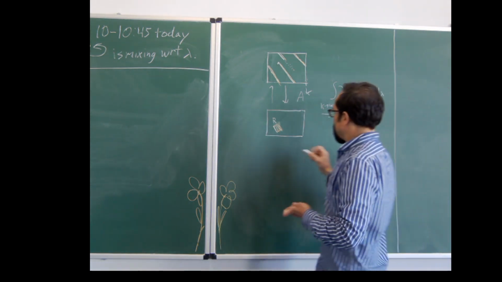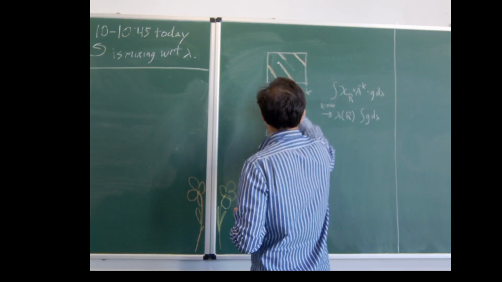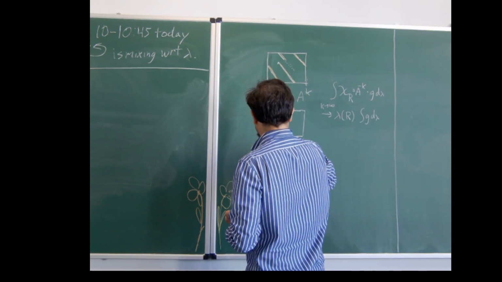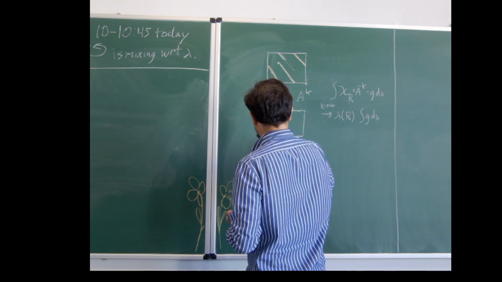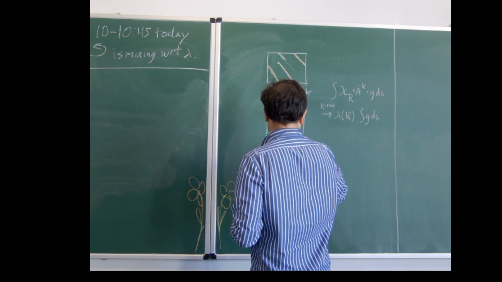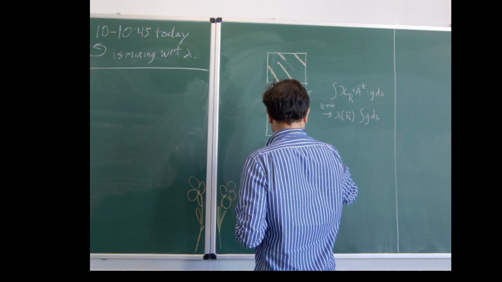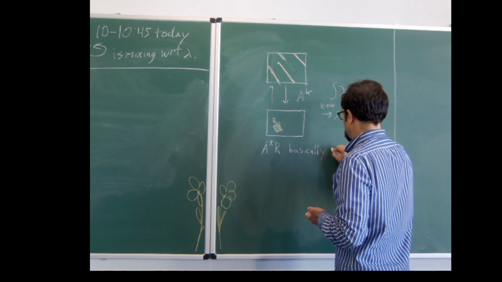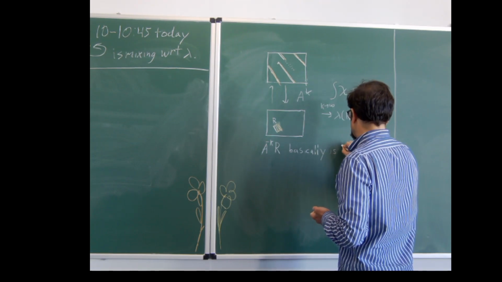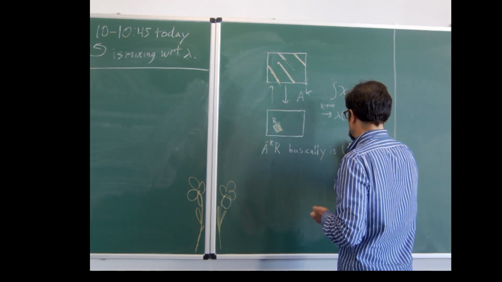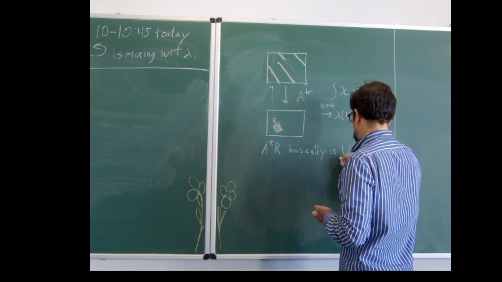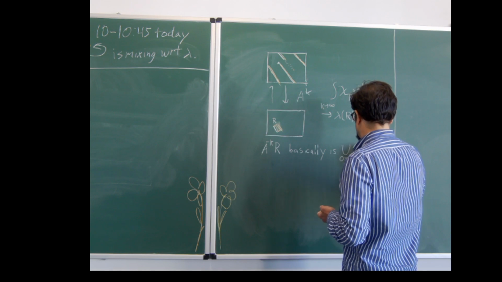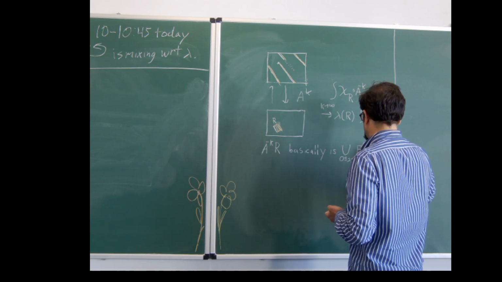But if you look at the image of my rectangle, so my rectangle, a to the k R, a to the minus k R basically is lines, is the union for 0 less than or equal to s less than or equal to L of f to the s of p.